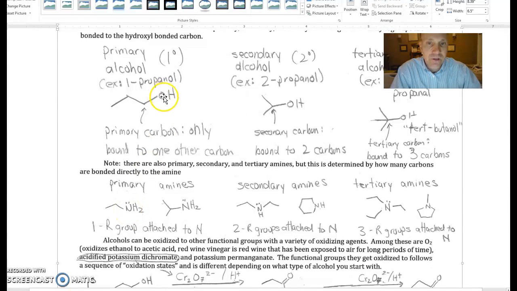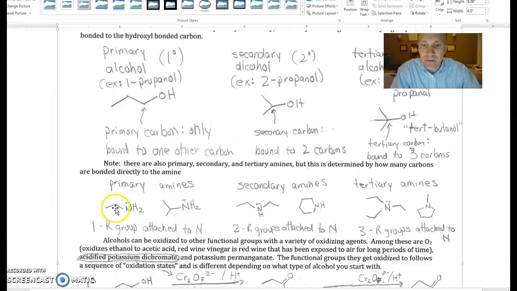So with an alcohol, there's only ever going to be one carbon attached to the hydroxyl. But with amines, if you take a look at the NH, you can have one carbon attached. You can have 2 carbons attached to the nitrogen, or you could have 3 carbons directly attached, and that would be the difference between a primary, secondary, or tertiary amine.